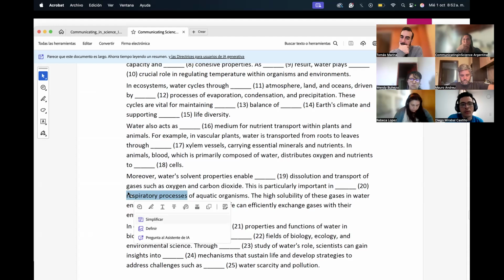The reason I say that there is no need for an article in that case is because after that they specify which cases enable dissolution and transport, such as oxygen and carbon dioxide. So the first part would be a more general statement, and then they specify it in the second part.